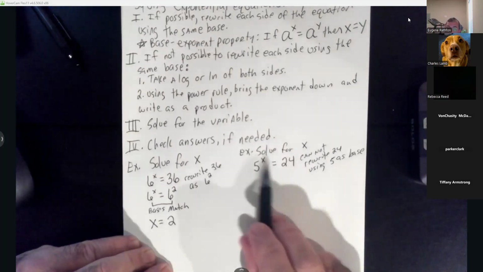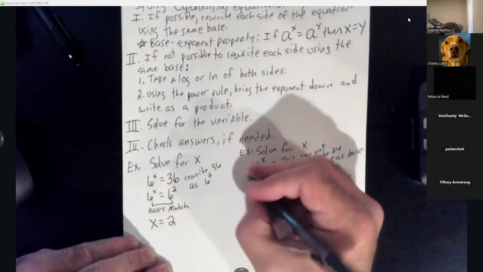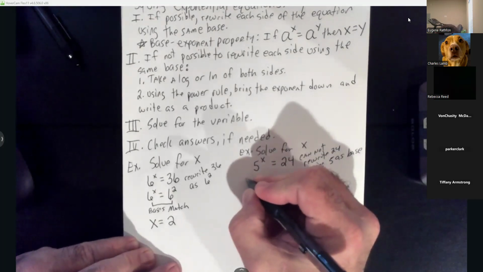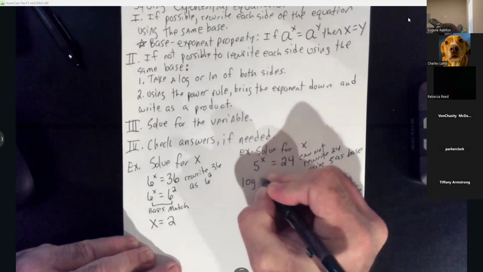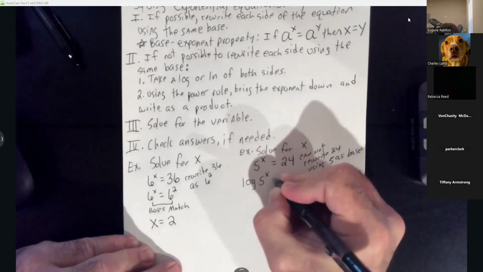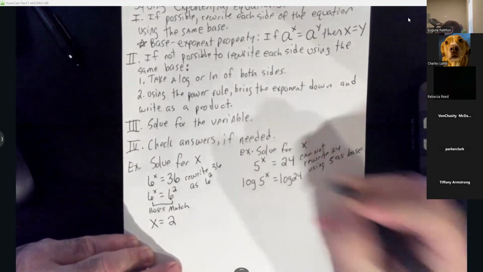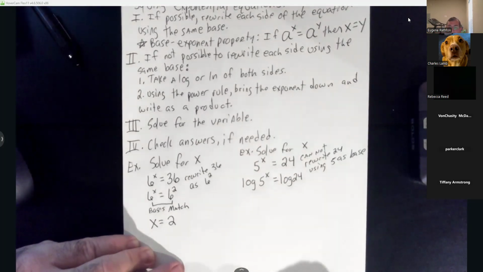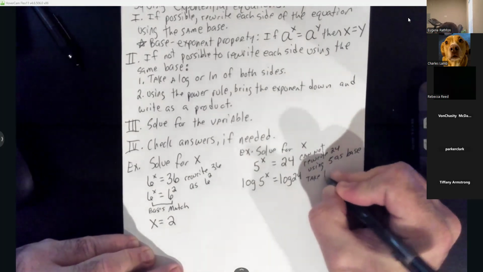But since I don't have the e here, I'm just going to take a log of both sides. So that's going to give me a log of 5 to the x equals a log of 24. So here I just took the log of both sides.